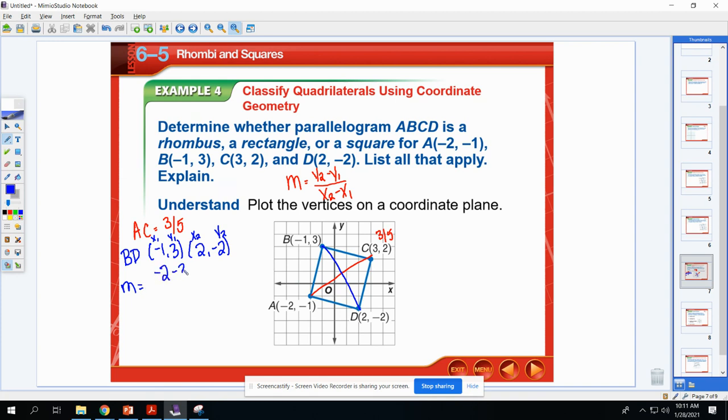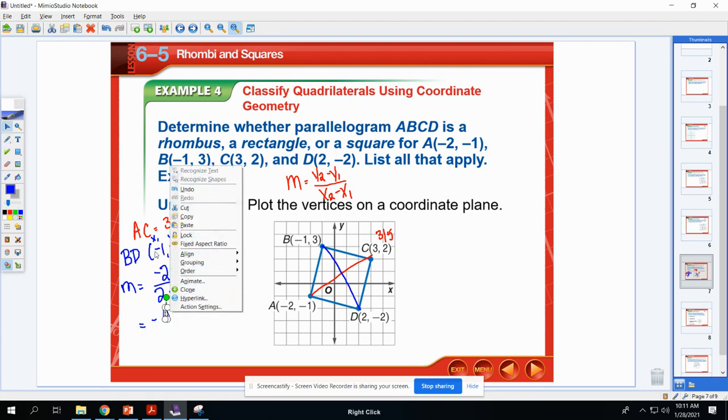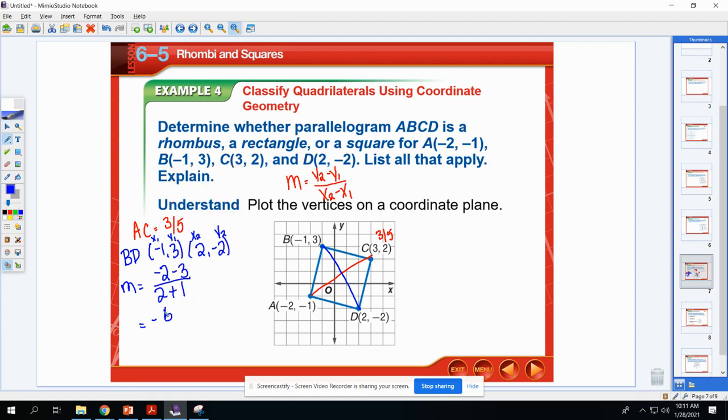So -2 minus 3, or y2 minus our y1, over 2 minus a -1, which I would change to 2 plus 1. All right, so -2 minus 3 is going to give us a -5. Sorry about that. -5, and 2 plus 1 there is going to give us a +3. So our slope here for BD is -5/3.